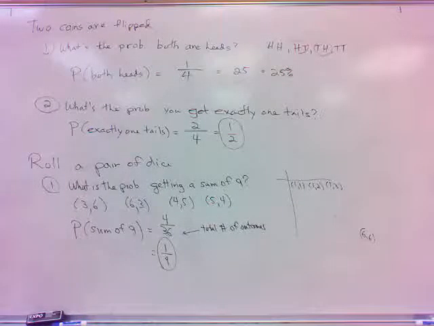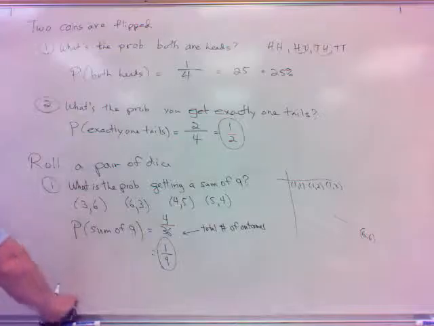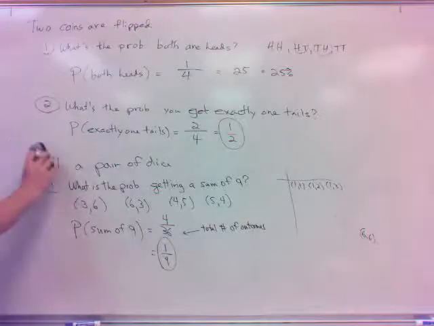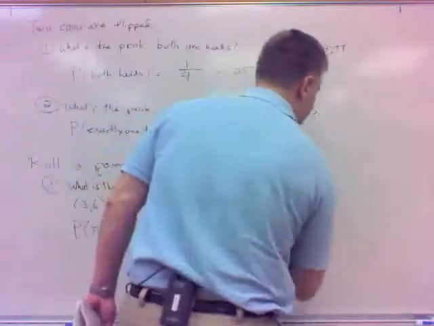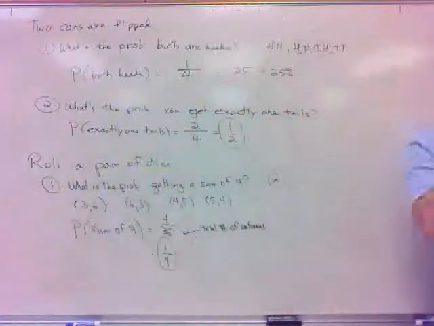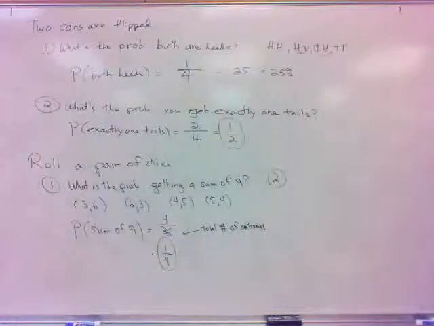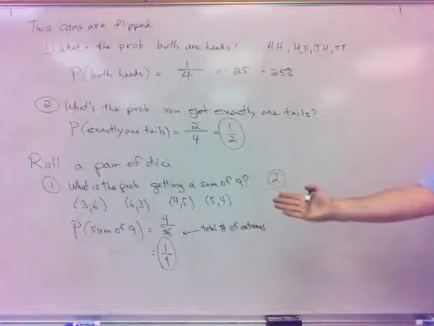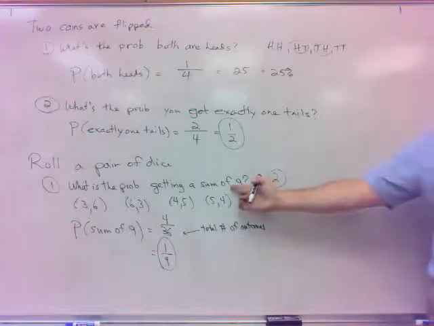Okay, so let's try another one of those. So the top number is the number of successes. The top number is how many ways it could happen that you get a sum of 9, the successful ways of getting 9.